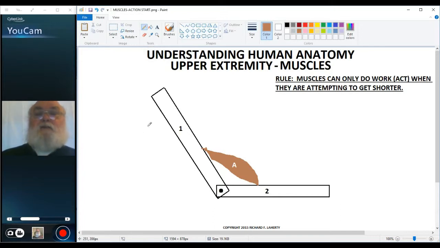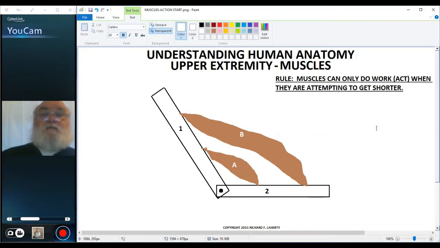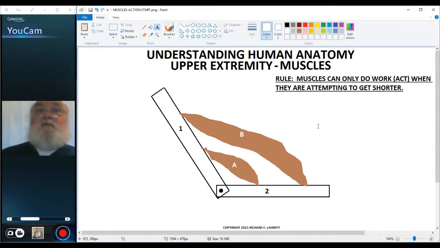And if we add another muscle, muscle B, like so, and we'll color it in. Muscle B will also be a flexor.